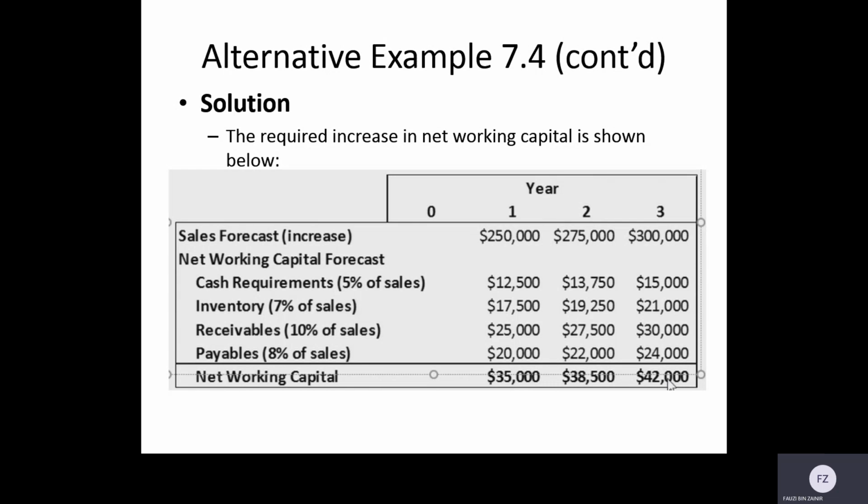For year 3, which is 42,000 minus 38,500, the difference is 3,500. So the next line item following the net working capital is the changes in the net working capital, where you key in the differences from one year to another.